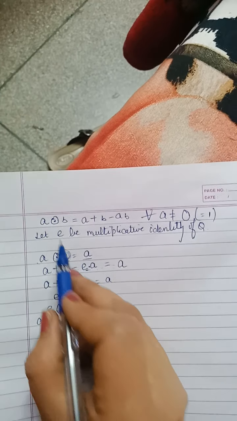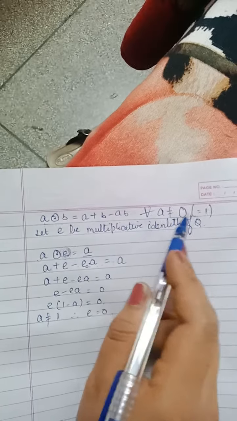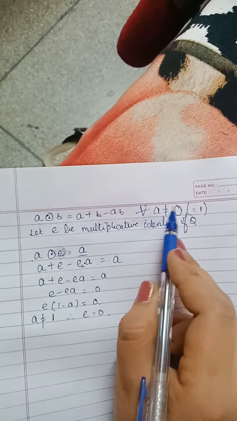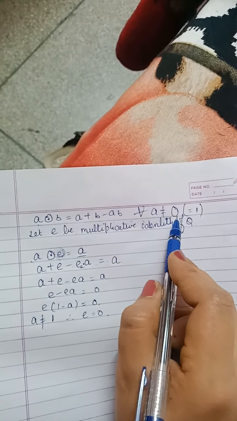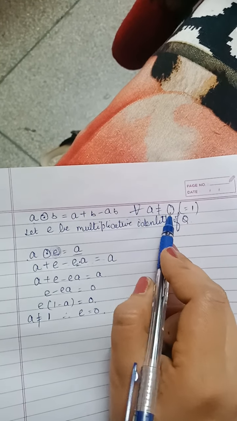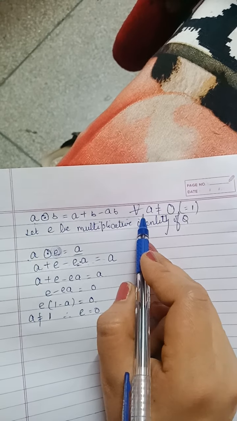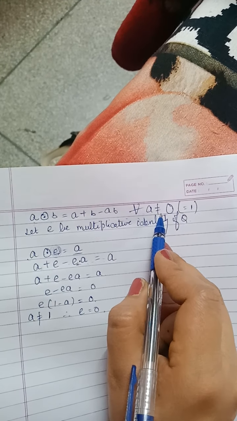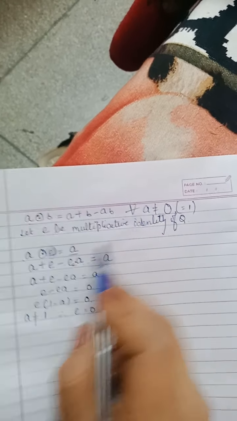One more thing about the multiplicative identity: the element with which we are dealing must not be our additive identity. So A is not 0, where 0 is 1. Therefore A are all the elements of the set of rational numbers except 1.